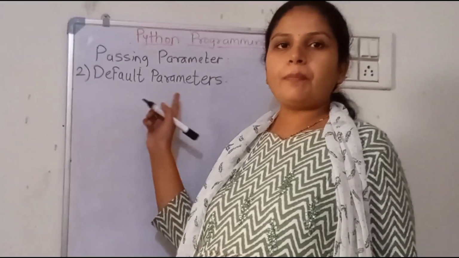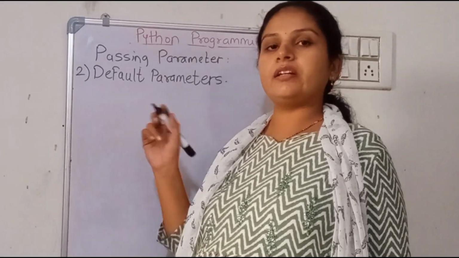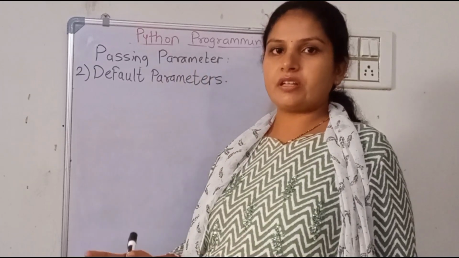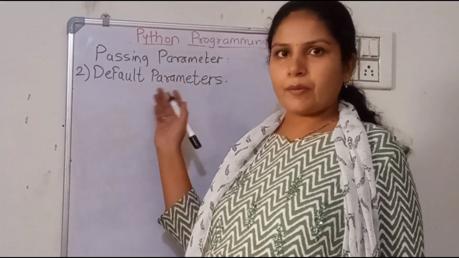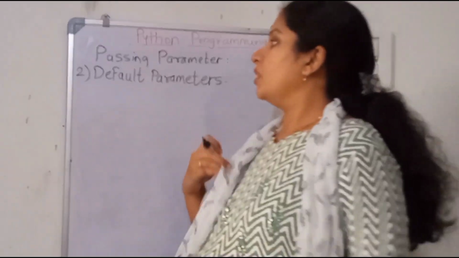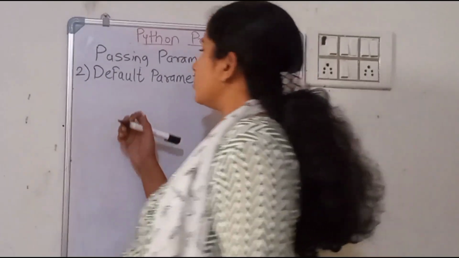The second one is the default parameter. When you assign a default value to any parameter while defining the function itself, then you can use the default parameter value. Now let's take an example.